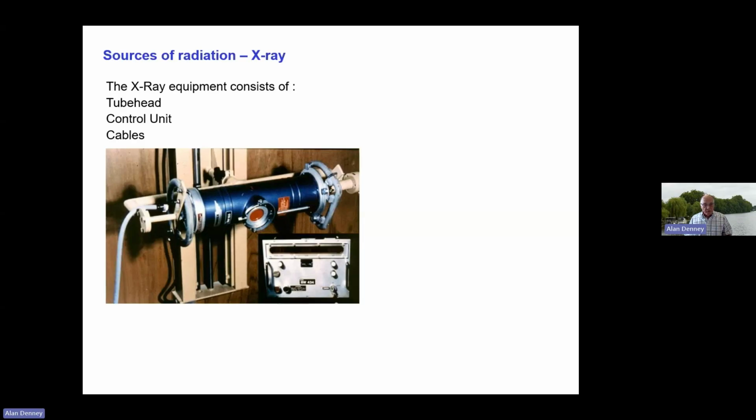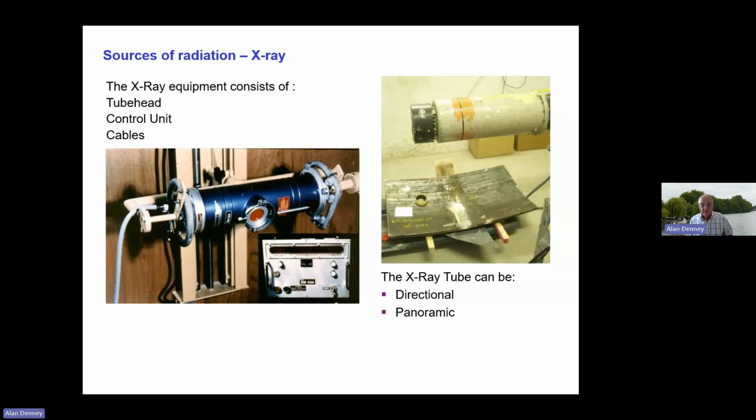So that's what you can see there, exactly one of these. You've got the tube head, and then there's of course control units and cables and so on, which I don't need to go into in any detail. But you can see the window there through which the X-rays are emitted. And that's a fairly sensitive piece of kit because you've got this glass tube inside, a vacuum tube.